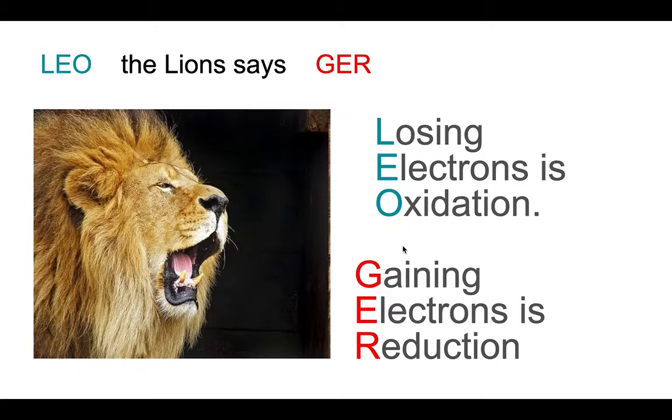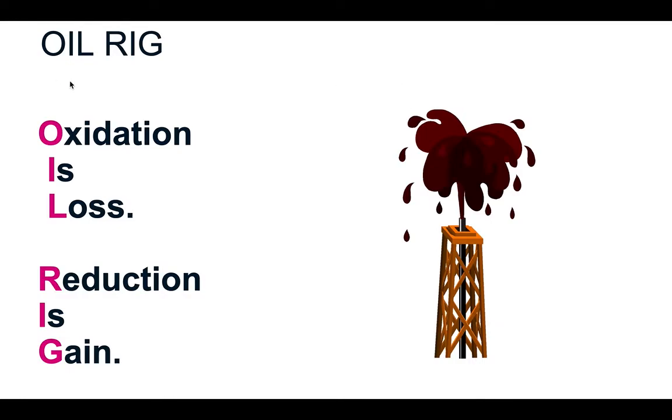He says GER: gaining electrons is reduction: gain electron, reduction. Again, this is just a way to keep these terms straight, remembering that oxidation is losing electrons and reduction is gaining electrons. The other one is OIL RIG, which says oxidation is loss, reduction is gain.